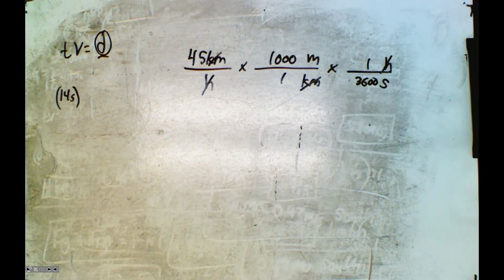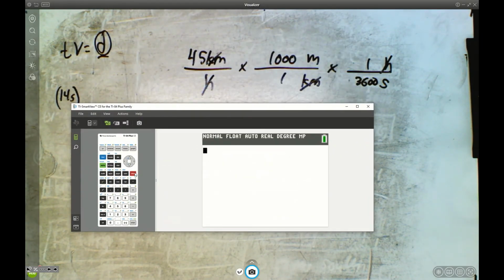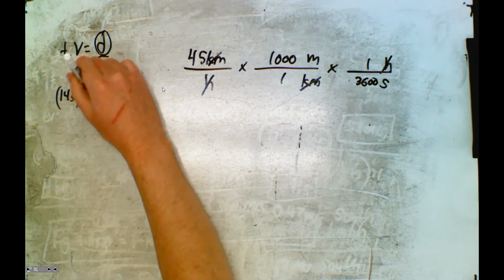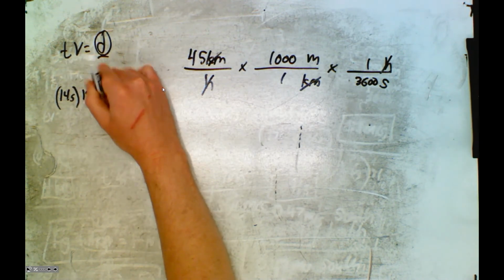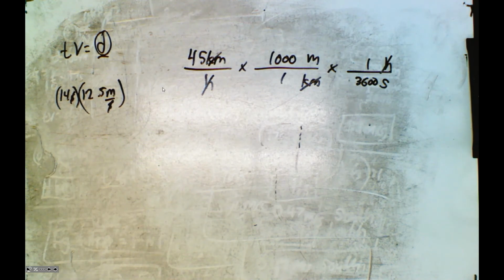If I type this into my calculator, 45 times 1,000 divided by 3,600, I end up getting 12.5. So that's 12.5 meters per second. You can see that the seconds on the bottom cancel out with the seconds on top, so we end up getting meters as our answer.